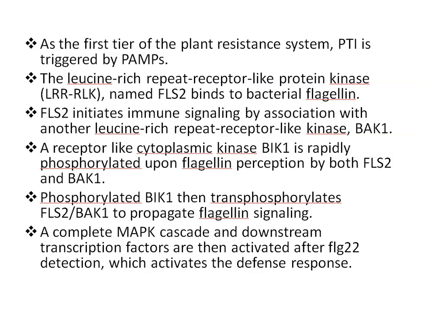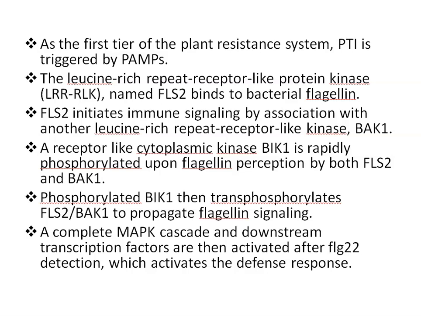In the case of the first tier of defense, the first tier of plant resistance system is triggered by PAMPs. The leucine-rich repeat receptor-like protein kinase RLK named FLS2 binds to bacterial flagellin. FLS2 initiates immune signaling by association with another leucine-rich repeat receptor-like kinase, BAK1.